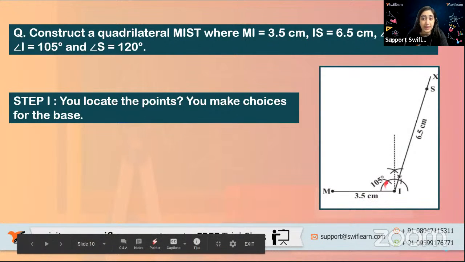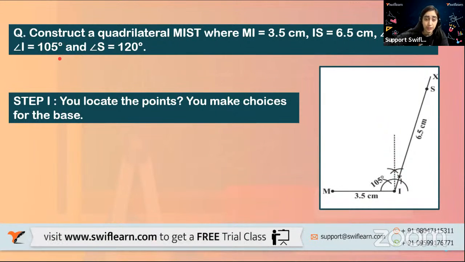At the location of I, it says that you have to draw an angle of 105 degrees. So how do we draw an angle? For that, you will need a compass. Taking a compass, you can open any amount of length you want. It can be an arbitrary length. You don't need to look at the scale and measure it.